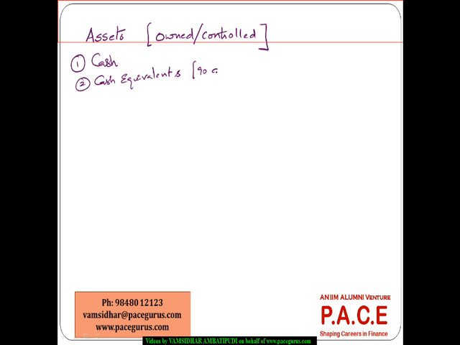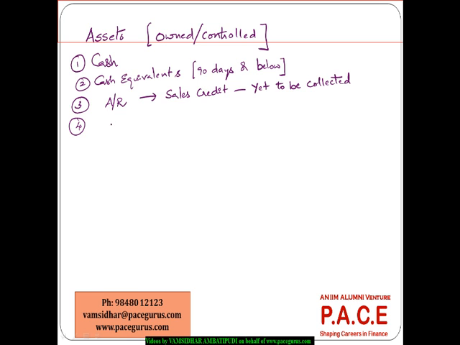Securities maturing in 90 days or below are typically considered as cash equivalents. Then we talk about accounts receivables. This is one more account, as we just now discussed: sales on credit and the amount yet to be collected. That is also an asset for the company.